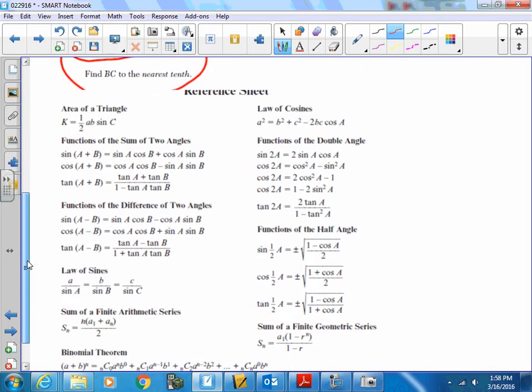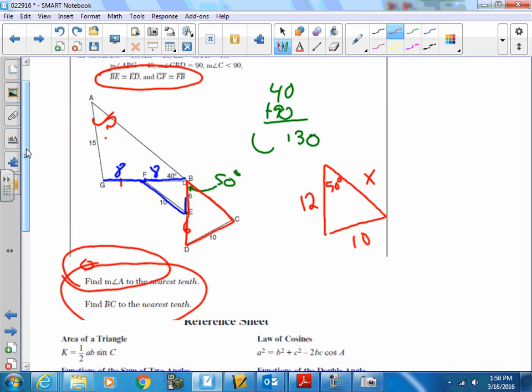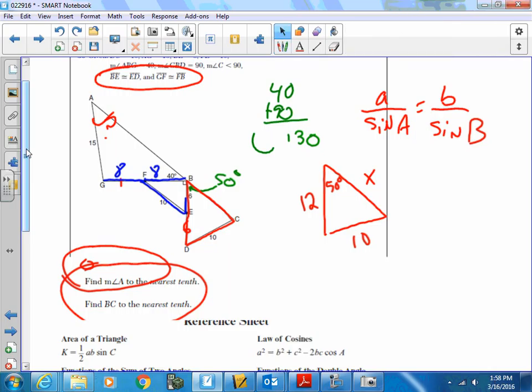A over sine of A equals B over sine of B. All right, so can we use this with this triangle? Well, in order to use it, we would have to know the angle opposite the x. So we would need to know this angle here. We don't know either one, so we can't use it right now to find x.